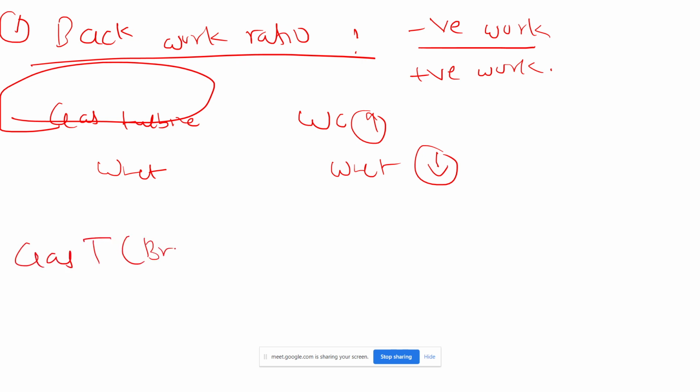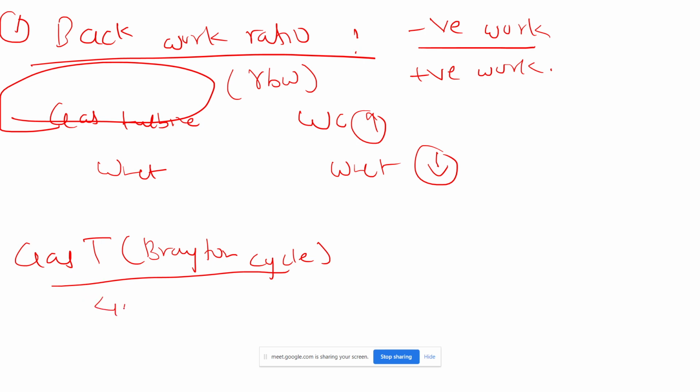Gas turbine works on the Brayton cycle only, which I have told you. In a gas turbine, the back work ratio, for which the short form you can use is RBW, is normally 40 to 60%.